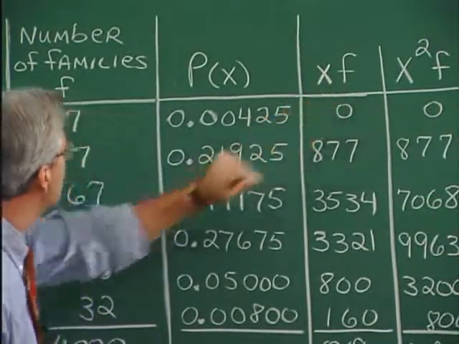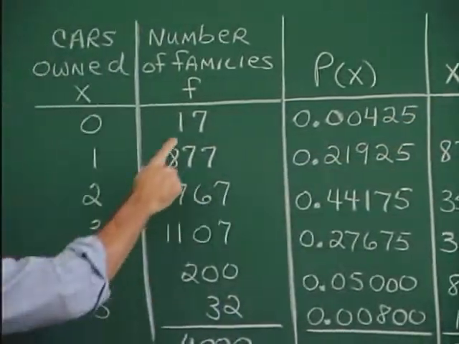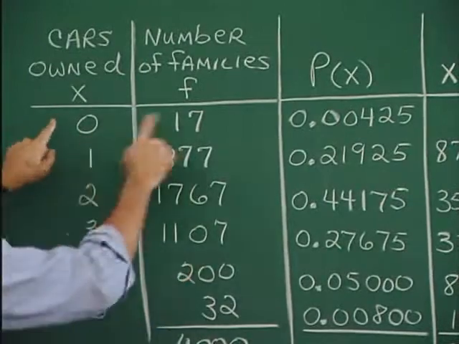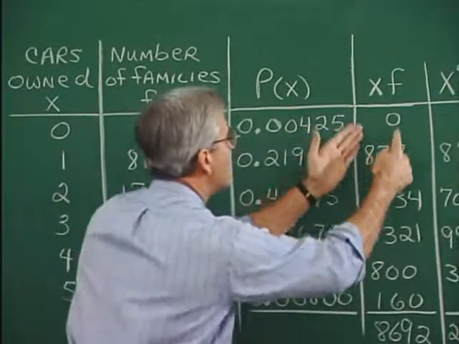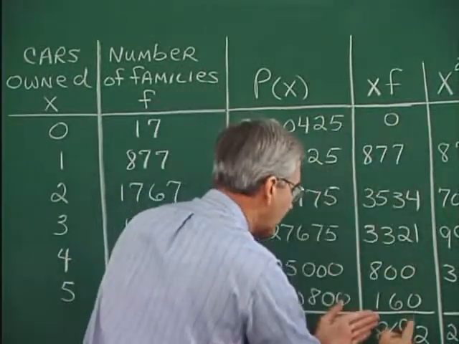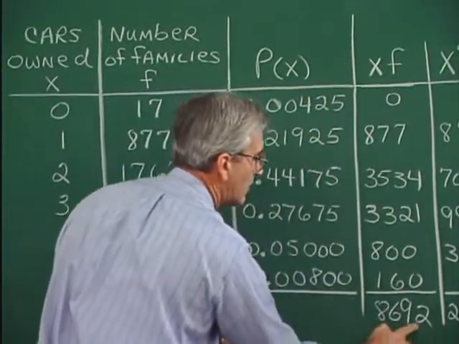The X's are these, and the frequencies are these. X times F, the product of these two going across, gives this column. And the sum of that column is 8,692.